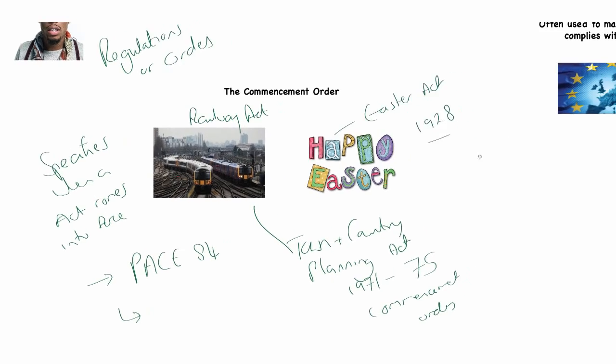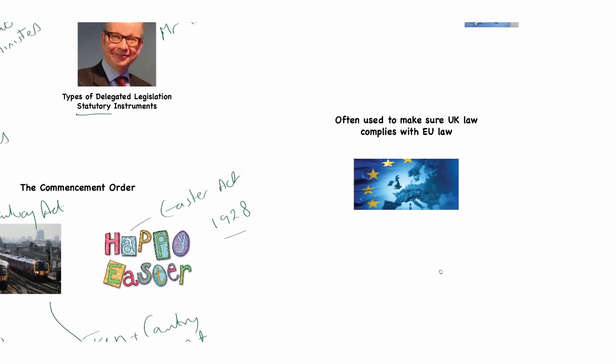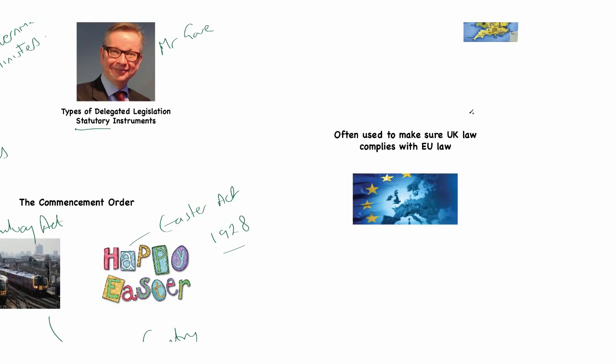The last area to look at for statutory instruments is to say that they are often used to make sure that United Kingdom law complies with European Union law. An example of this, quite a long title, is the Unfair Terms in Consumer Contracts Regulations 1999.